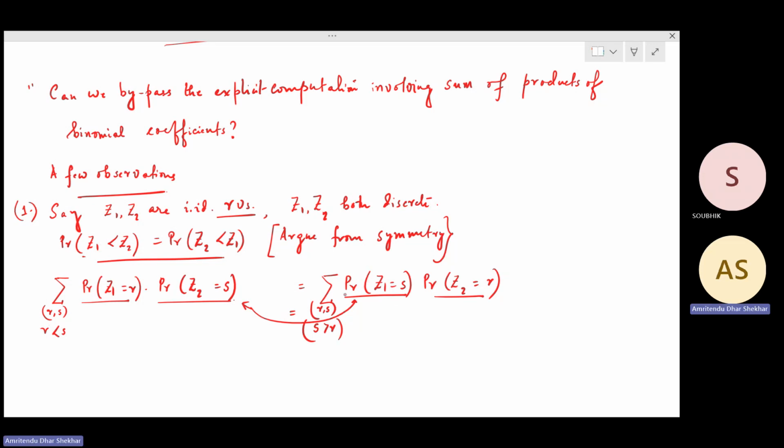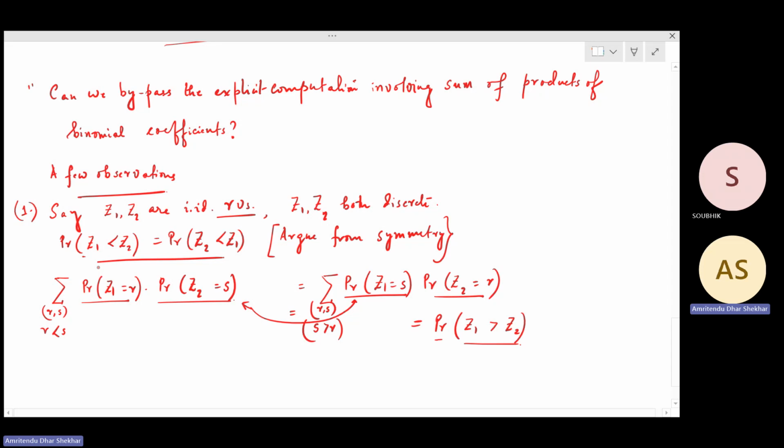So what this sum is equal to is the probability that Z1 is bigger than Z2. Let's say you are asked to compute the probability Z1 bigger than Z2, then what would you do? You take a sum over all those pairs S comma R where S is bigger than R. This is exactly what you do, and this is exactly equal to this sum.